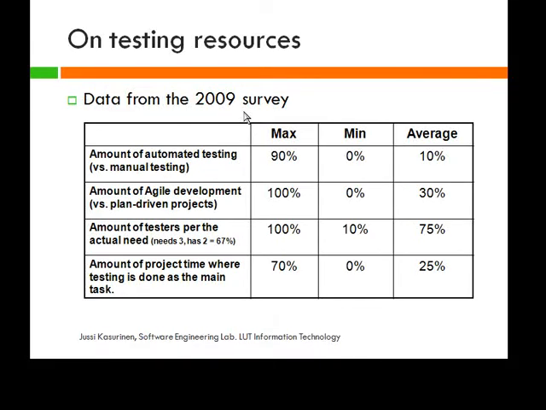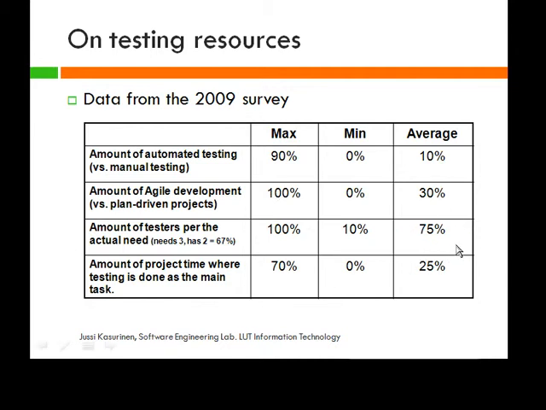So even if some organizations are able to apply test automation heavily, most organizations only use it as a tool for some specific tasks. Similarly, in agile development, only a few organizations did everything agile, and most organizations just used agile development as their approach for secondary projects such as patchwork or adding features.